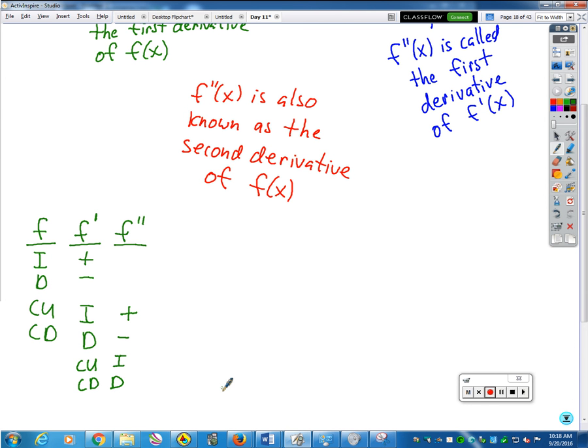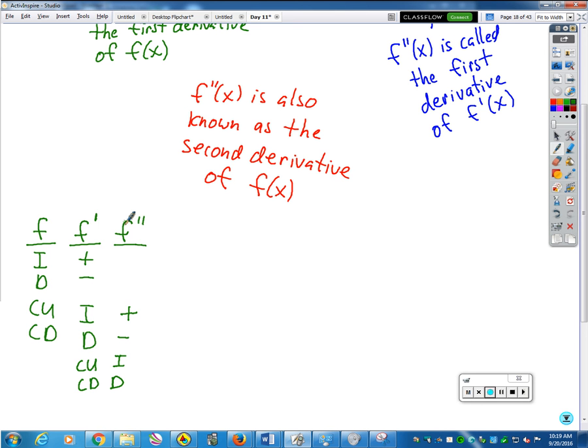The chart, see how it's kind of stair-stepped? You see the step from here to here? If you keep going, you can have f triple prime, f quadruple prime, et cetera. It just keeps repeating because the relationship is relative: f is to f prime in exactly the same way that f prime is to f double prime. If you keep going, will the graph ever look like the original?